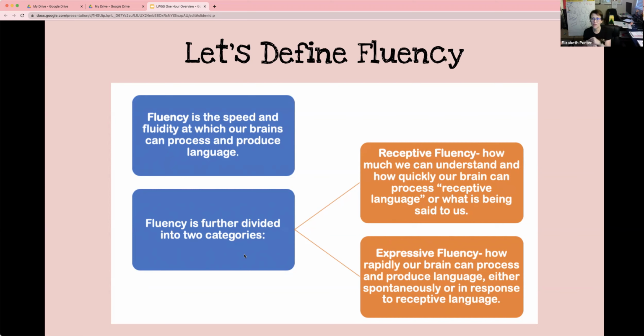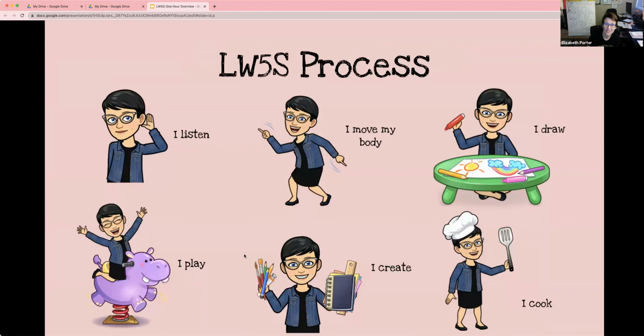So what has to come first? A lot of times we learn language, our second language, or additional languages to our native language, by trying to get students to read first or trying to get them to speak first, but we have to start with listening.